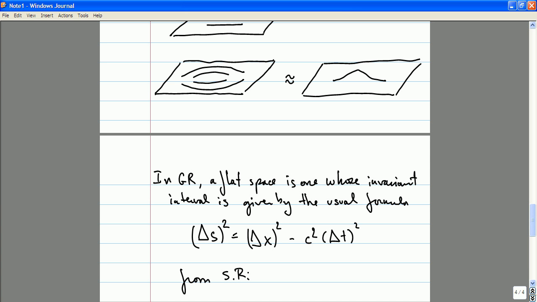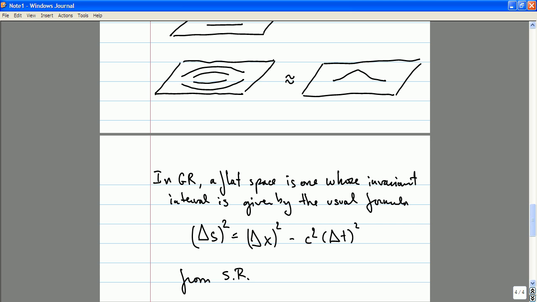So in normal spatial geometry, a flat space is a Euclidean space, namely one where the postulates of Euclid apply. And in general relativity, a flat space is Minkowski space, one where the postulates of special relativity apply.